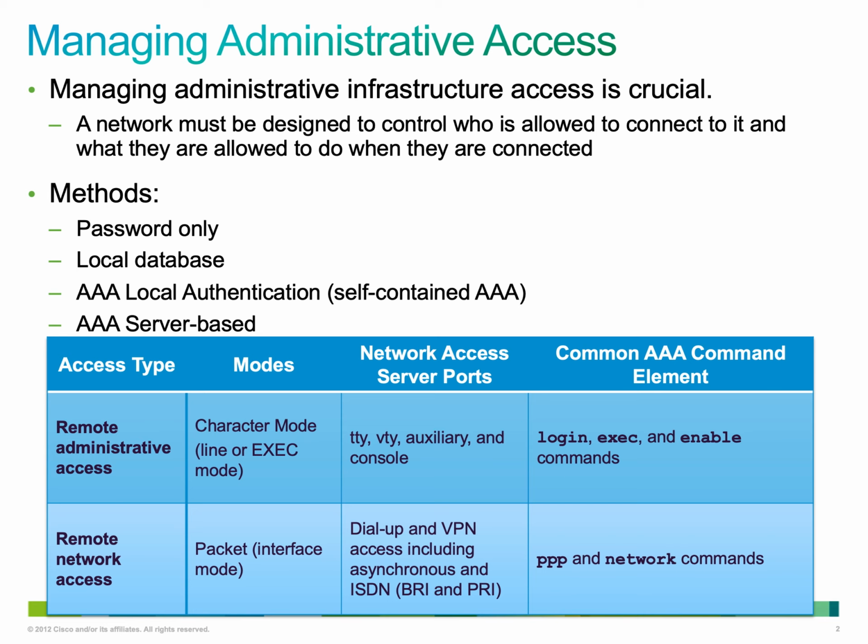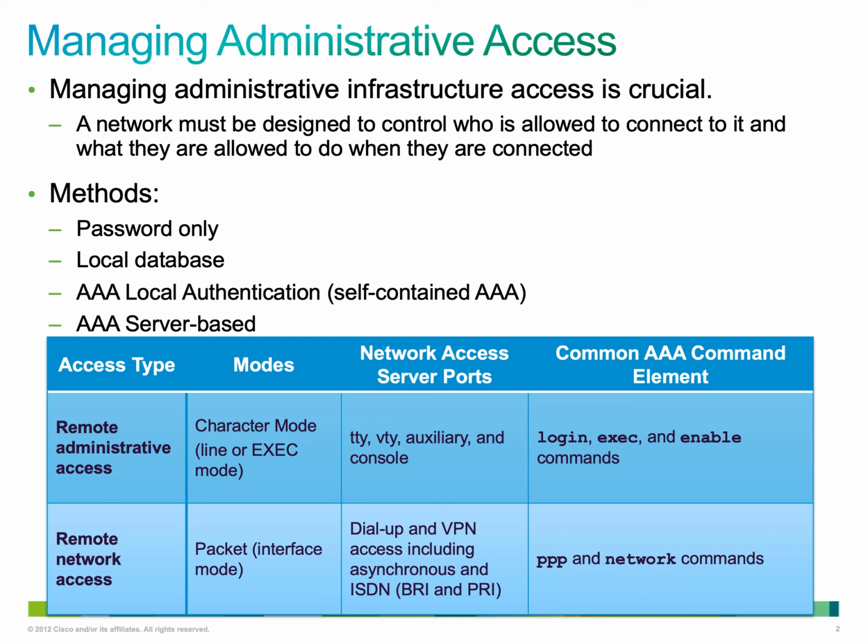Then your network access server port usually includes your TTY, VTY, the virtual terminal, then the auxiliary, and then the cursor. So as someone with remote administrative access, your ports should include TTY, VTY, your virtual terminal port, your auxiliary and your cursor.